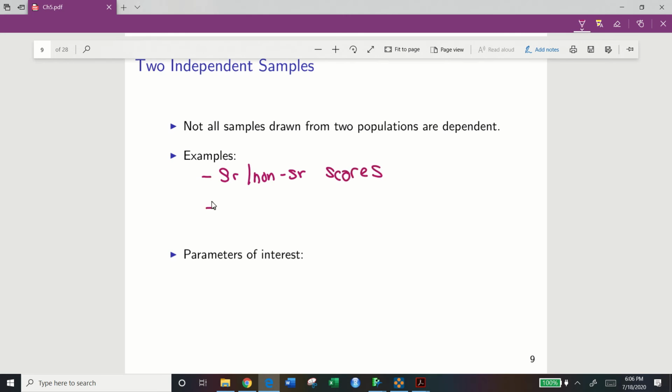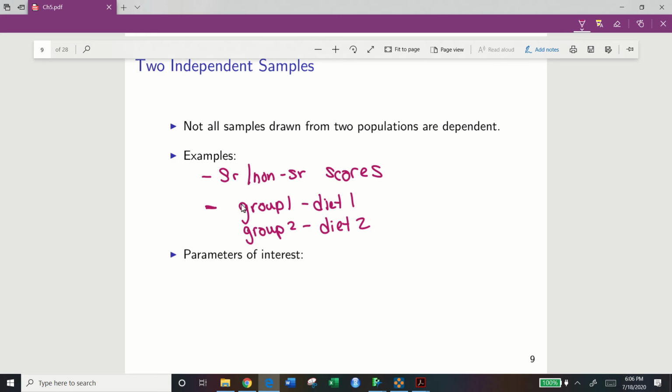Another one could be if we have a group of students that are interested in going on a diet. We divide these into 2 groups, and we have group 1 do diet 1, and group 2 do diet 2, and then compare the effectiveness of the diets.